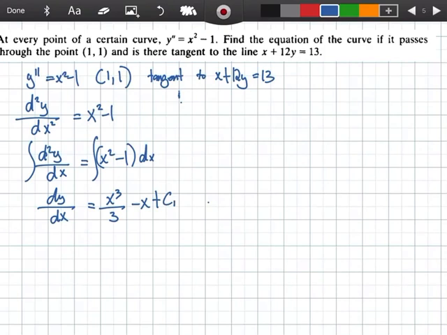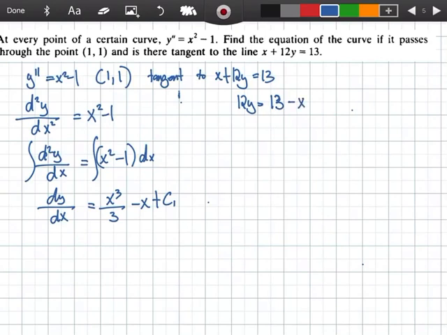So, at (1, 1), what will the slope be? It will be tangent to x plus 12y is equal to 13. So, we get the slope of the line, because if it is tangent, their slopes are the same. We equate the slope of this line to the equation of our curve. How do we get the slope? 12y is equal to 13 minus x.